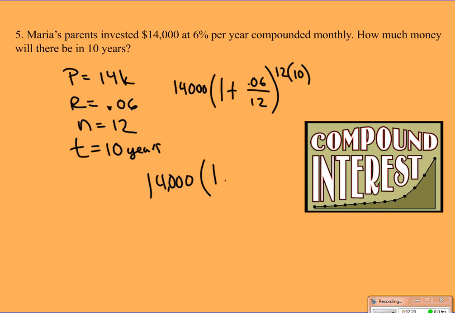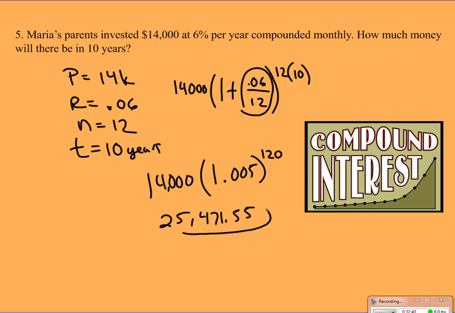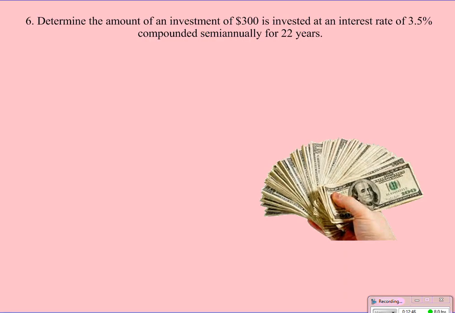It's going to be 0.005. And all I did was take this and then add it on, raised to the 120th power. So 1.005 raised to the 120th times 14,000. So after 10 years, there's about $25,000 in there that can be used for whatever purpose.